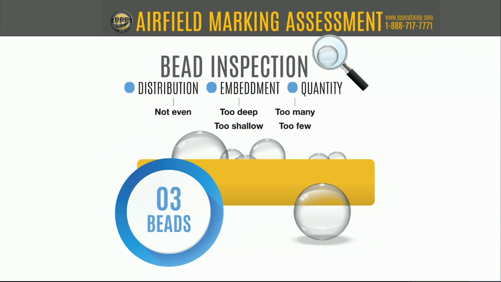Distribution is another thing. When Greg was talking about heavier paint in the middle and light on the outside and how that affects embedment and distribution of the marking, it's absolutely true. When we talk about runway markings, we're talking about a lot of markings that are a minimum of 3 feet wide, or perhaps 6 feet or 30 feet in width. So in order to paint those wider markings, you have to basically gang material guns together. You might have, hopefully, a minimum of 3.